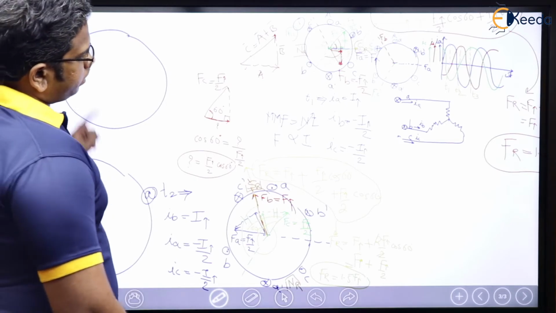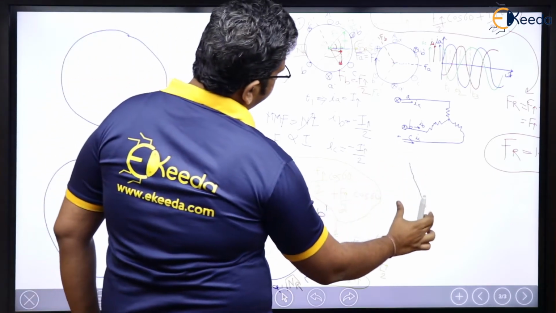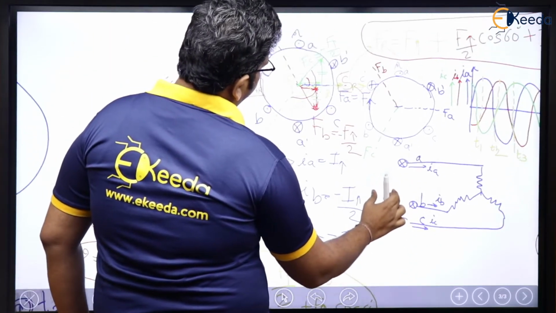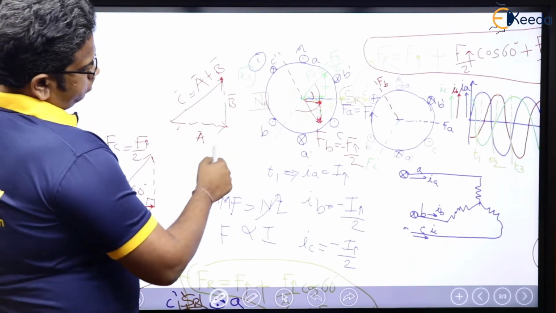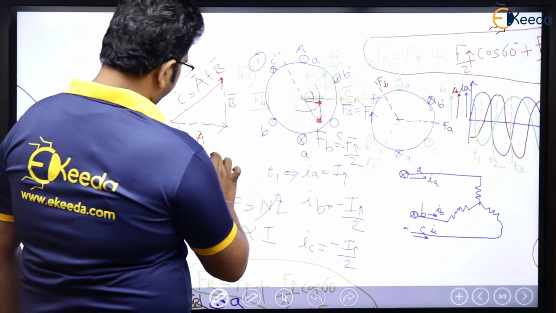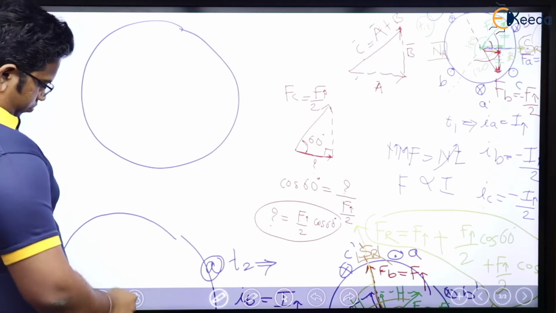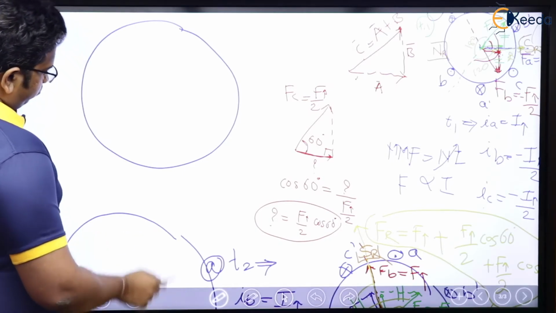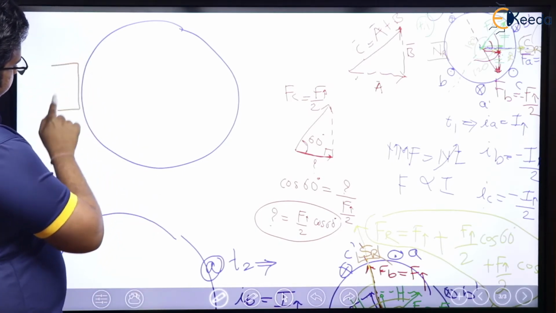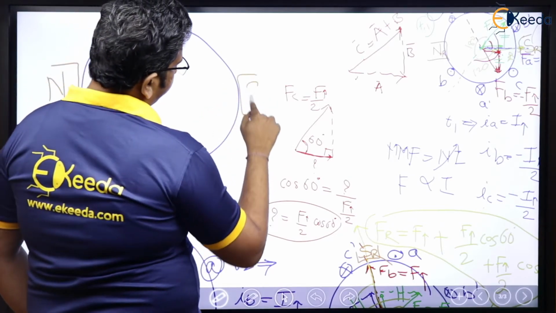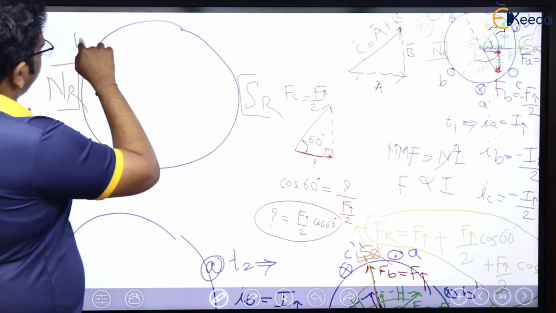In the first case, if you see, north was here, south was there. This is the north of resultant, south of resultant at T1.